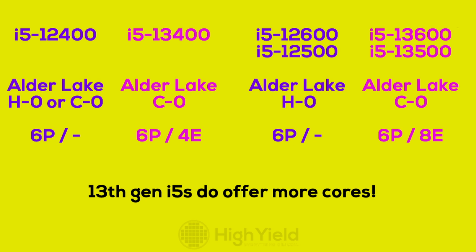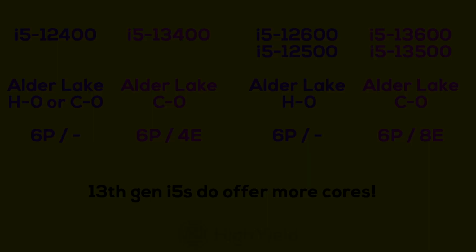So yes, you are getting older generation Alder Lake CPUs, rebranded as 13th gen, but you also get more powerful processors at the same time. Depending on how much IPC increase Raptor Lake delivers and the specific pricing of the re-released Alder Lake parts, they still could turn out to be a good deal.